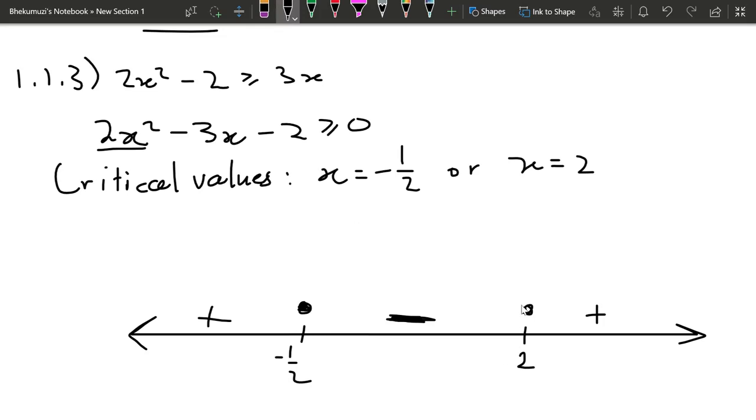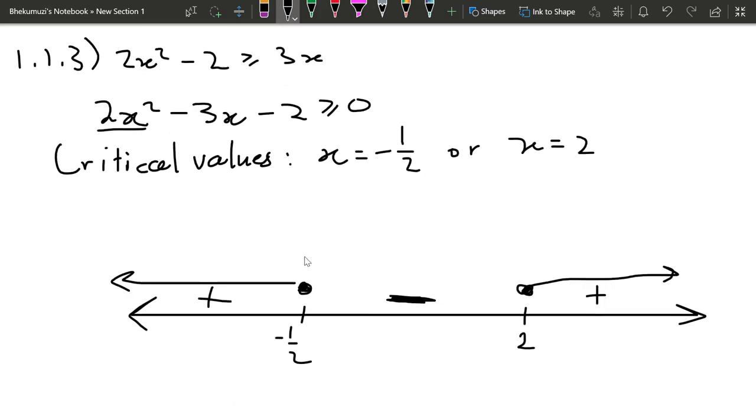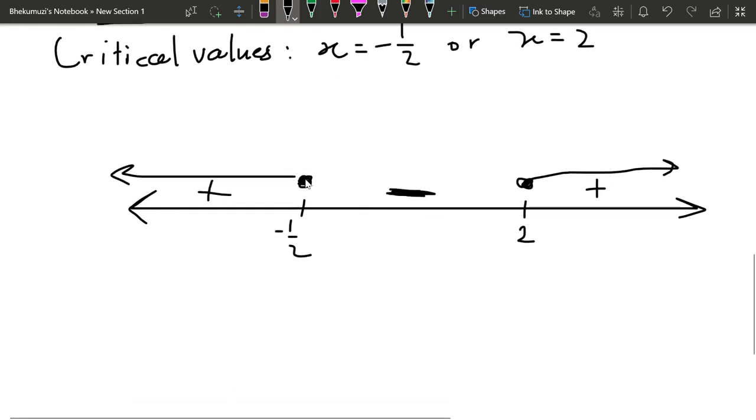So this is included, and it goes that way. And this is also included, and it goes that way, right? Remember, a closed dot, not an open dot, basically means that it's included.